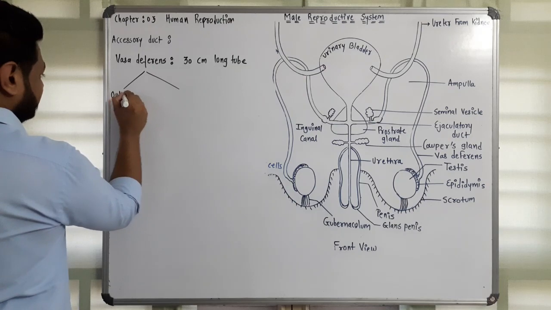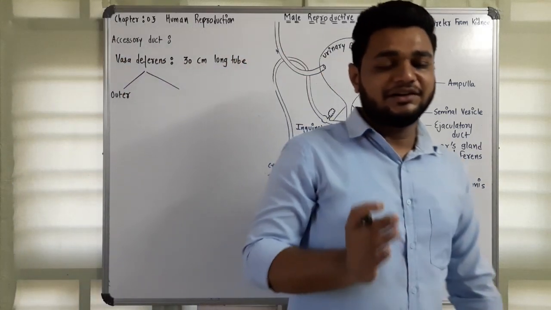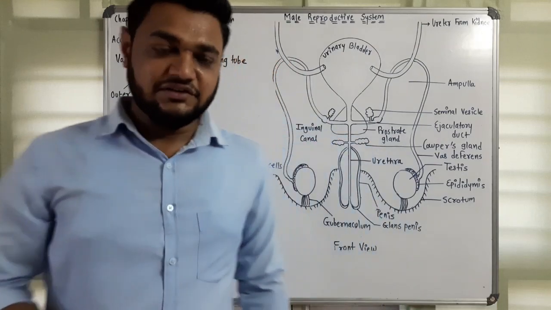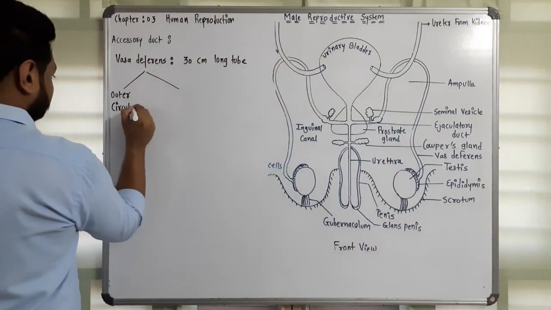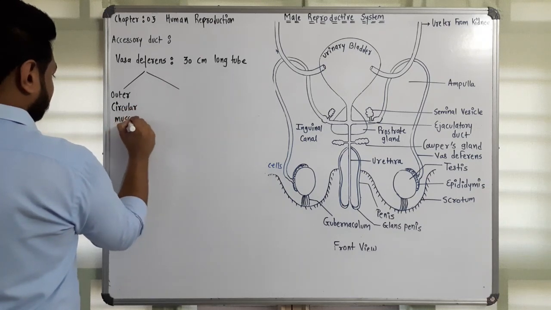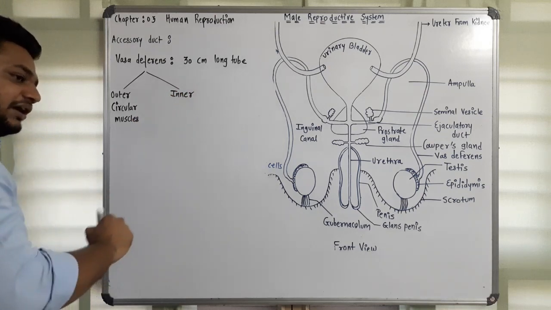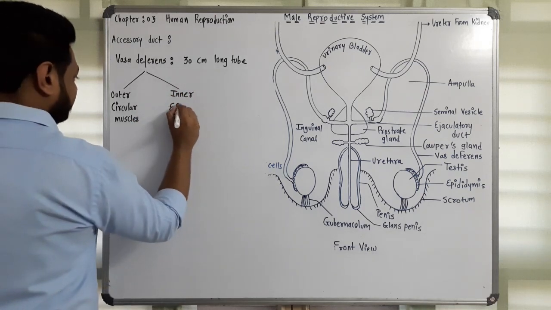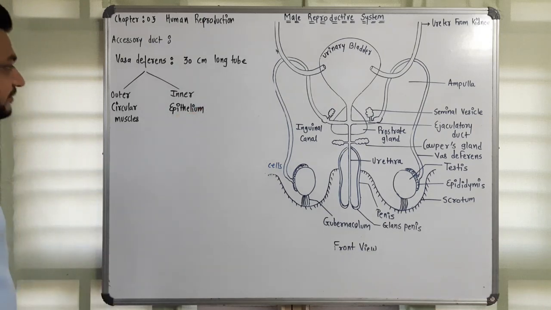As in the epididymis, the outer one is circular muscle, so it is made up of muscles, and the inner one is epithelium. So this is the histology.